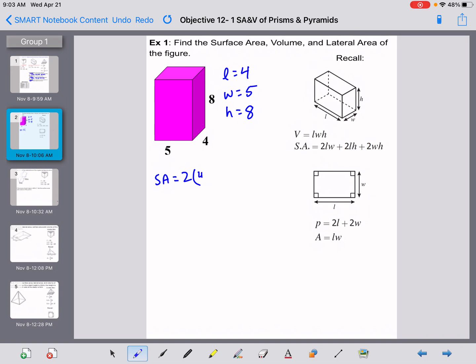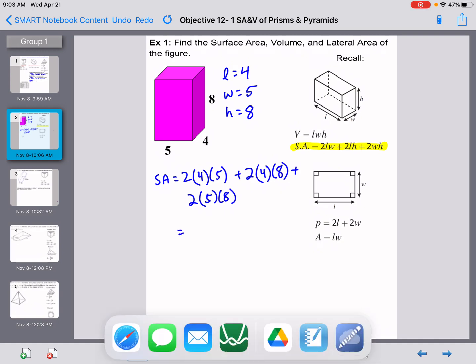The length is 4, the width is 5. We're going to add 2, length 4, height 8, plus 2, width 5, height 8. So all I did here is I looked at this formula and I plugged the values in. All right, there is nothing hard or difficult about that.